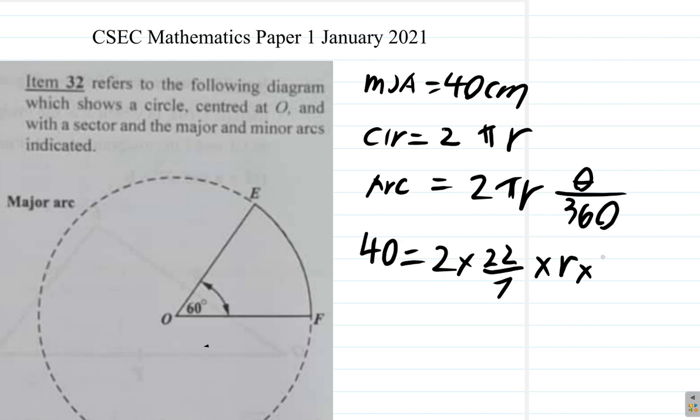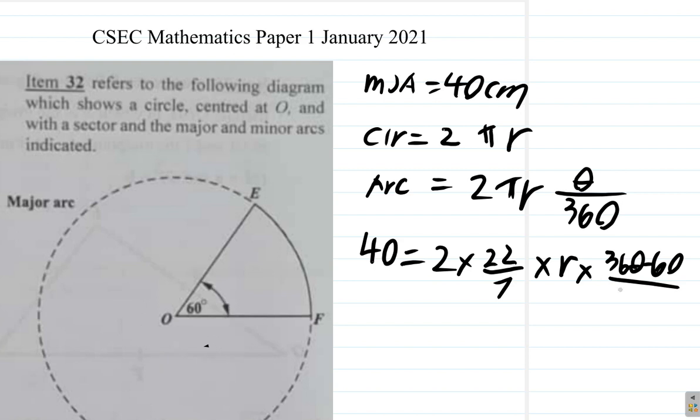You know, the minor arc is 60, so the major arc would be 360 minus 60. What remains from this 60, what is around here, would be the angle in the major arc.